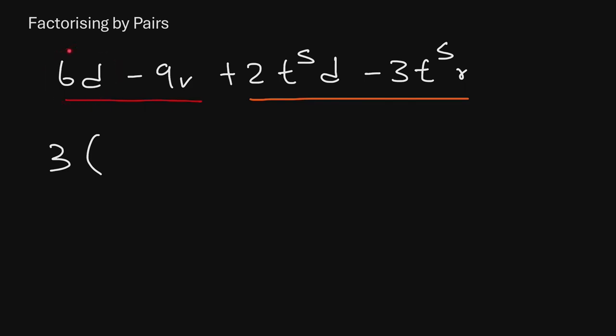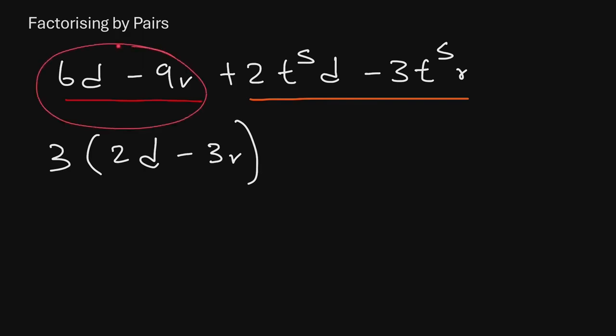So 6d divided by 3 gives us 2d. Then we move to the second term, negative 9r. Negative 9r divided by the common factor gives us negative 3r. So you are done with taking out the common factor on the first pair.